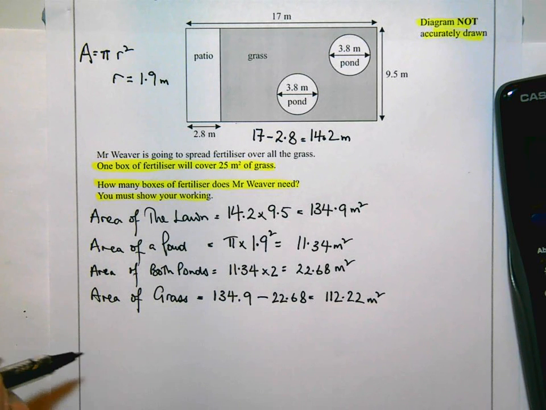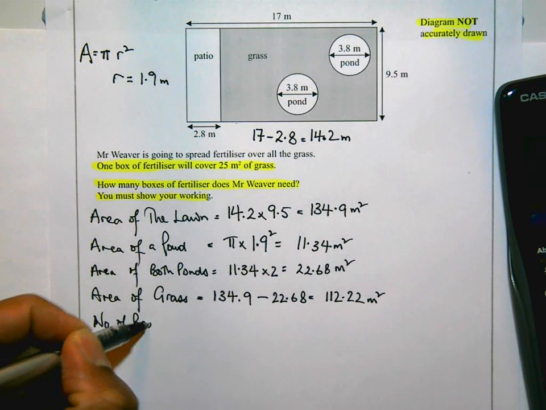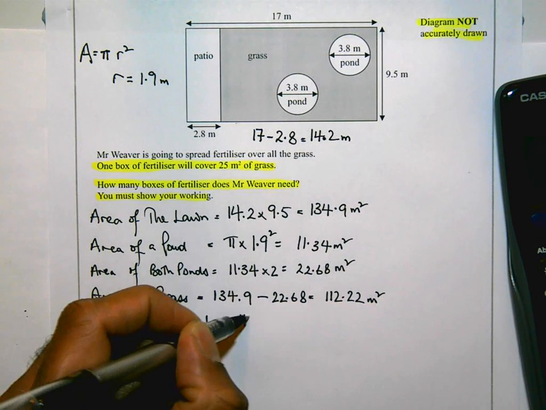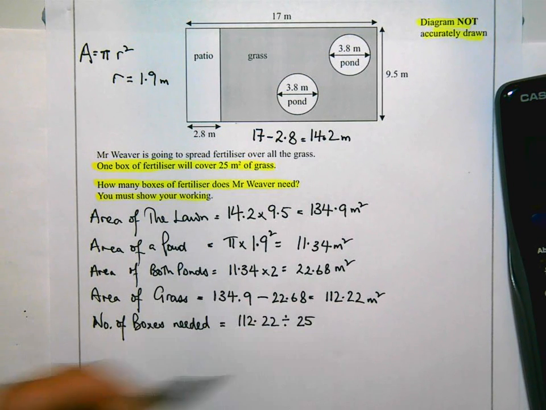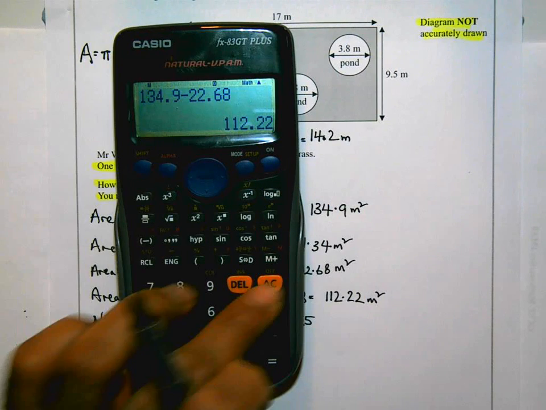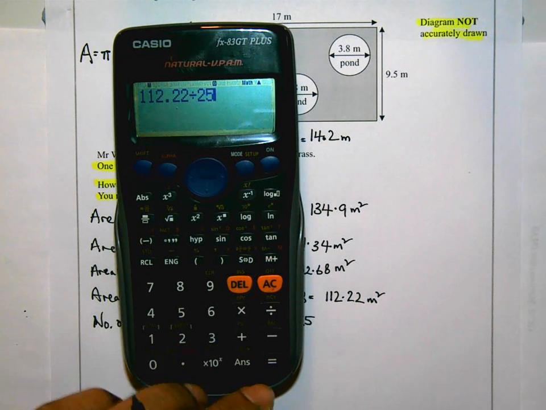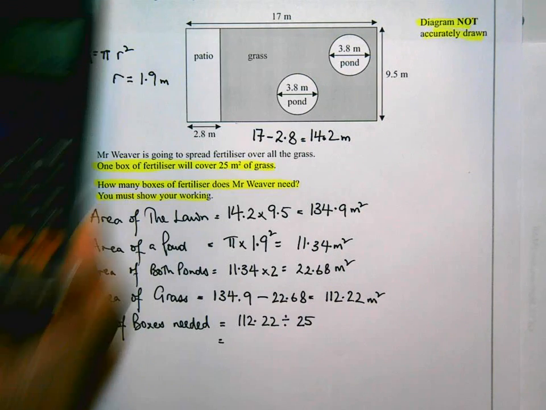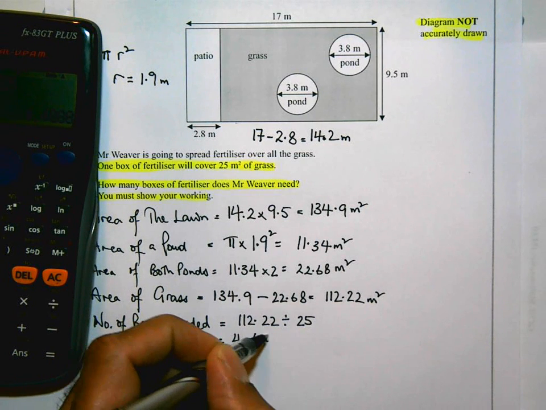The number of boxes needed is going to be 112.22 divided by 25, and that's going to be 4.4888 boxes.